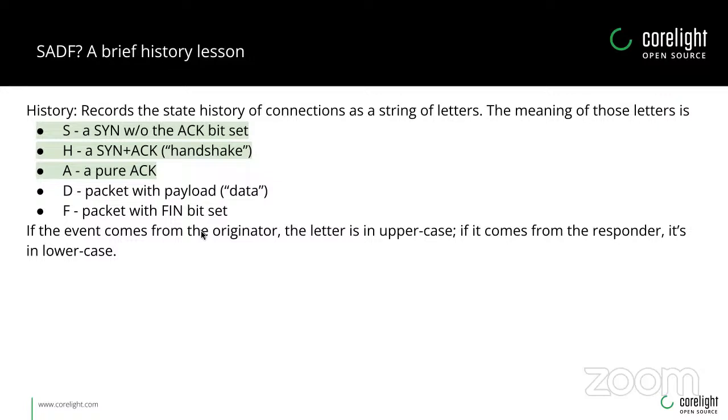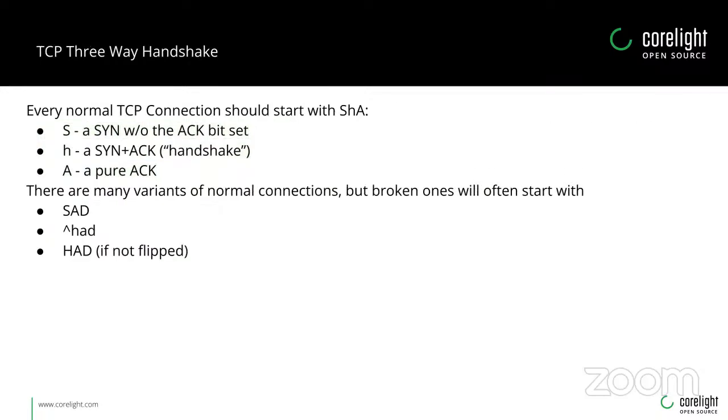In Zeek, that will be presented as a capital S, a lowercase h, and a capital A. So for most TCP connections, or rather really for all TCP connections that are normal, for the most part, they should start with SHA. Sometimes you can have SHR, where if you do like a port scan, you'll often get an aborted three-way handshake. But for the most part, every normal, properly functioning connection will start with SHA.